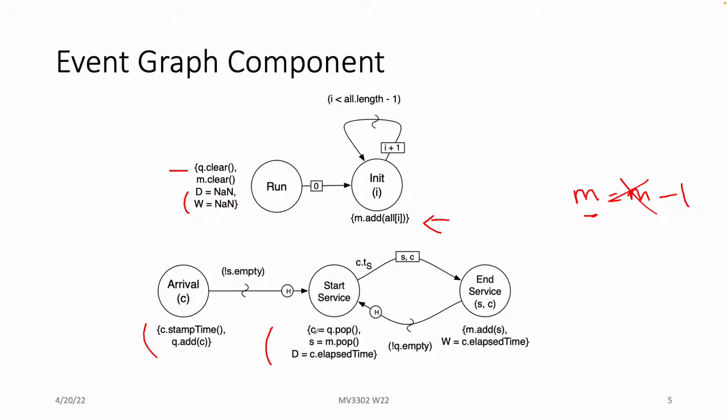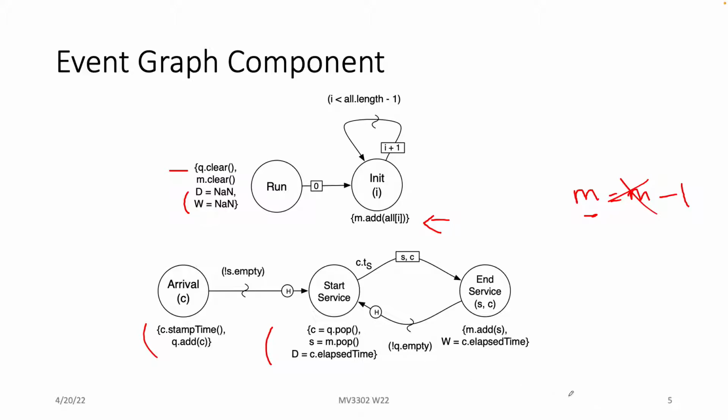When we're removing something from a container, it has the moral equivalency of subtracting one from an integer state variable. In other words, these two state transitions, popping a customer off the queue and popping a server off the available servers, will only work if both of these containers are not empty.